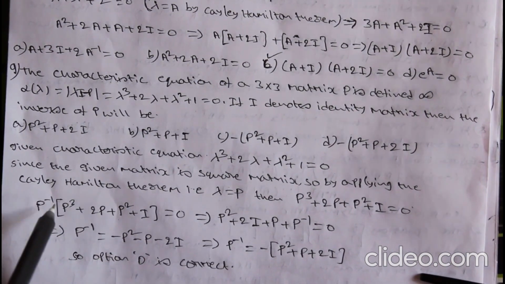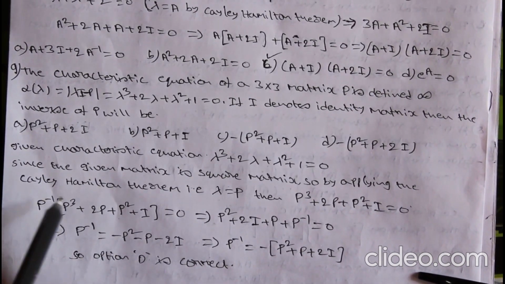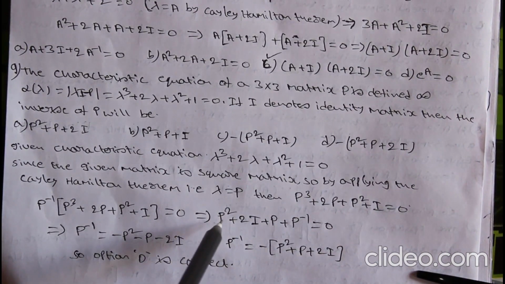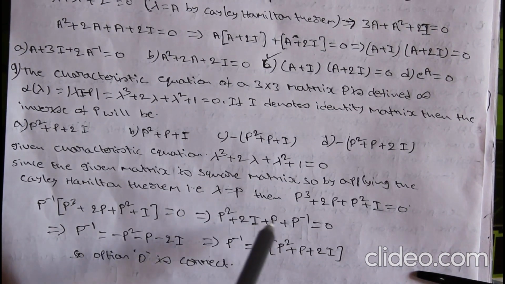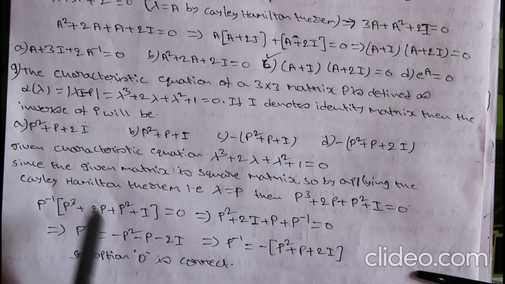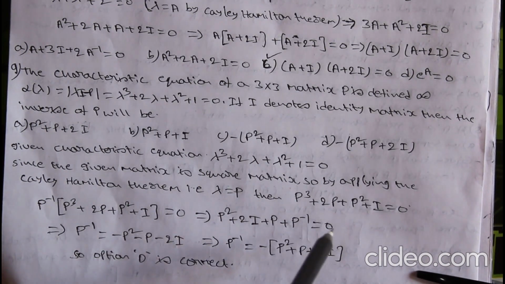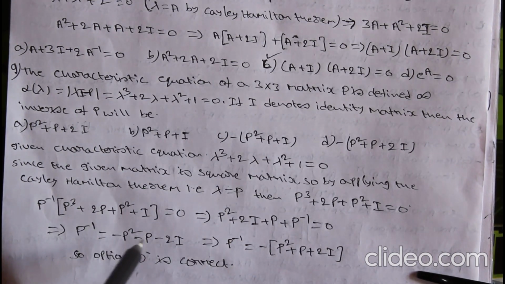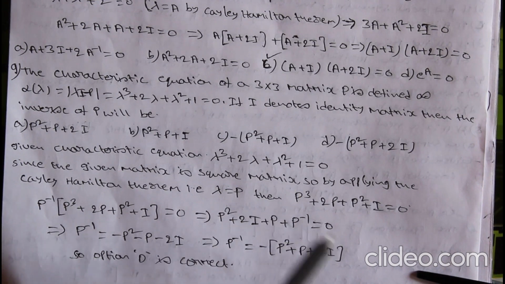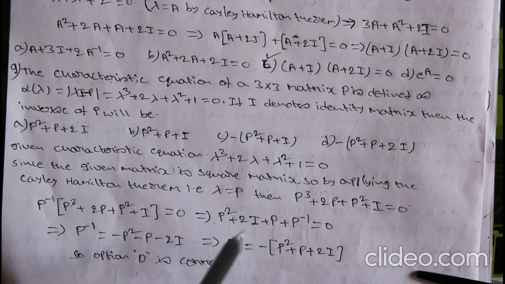Multiplying P inverse: P inverse into P cube is P square, plus P inverse into 2P is 2I, plus P inverse into P square is P, plus P inverse into I is P inverse, equal to 0. So P inverse is equal to minus P square minus P minus 2I. That is, P inverse is equal to minus of P square plus P plus 2I.